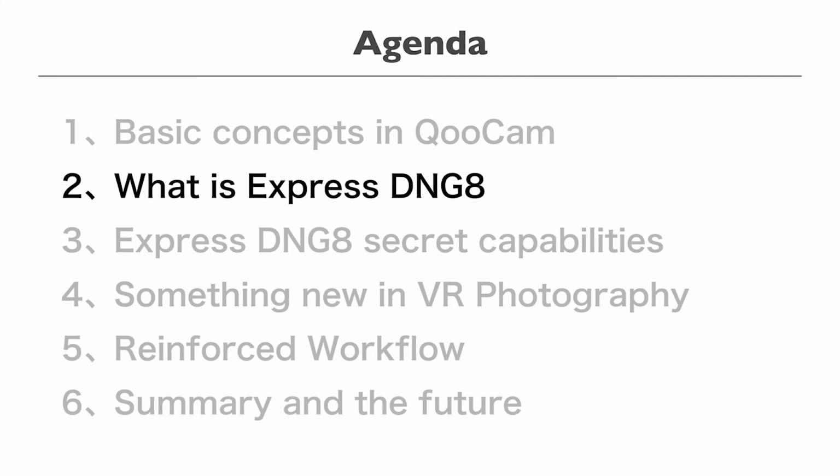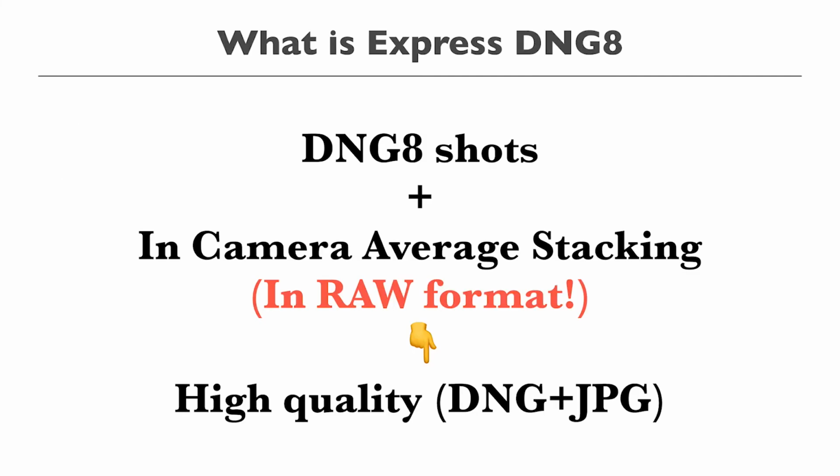Okay, let's go to the next topic. What is Express DNG8? Express DNG8 is the normal DNG8 shot with in-camera average stacking in raw format. You will get the raw data after the average stacking, so it's not like average stacking on JPEG. It's in raw, it's in DNG, the DNG average stacking.